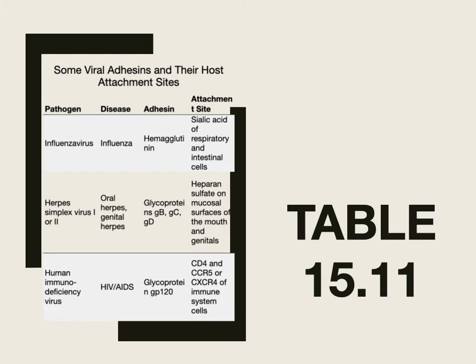So again, with adhesion, viruses are going to have molecules that act as ligands to bind receptors on host cells, just like we see in bacteria. Some of these adhesion molecules, and this also lends into antigenic variations, come in different forms.